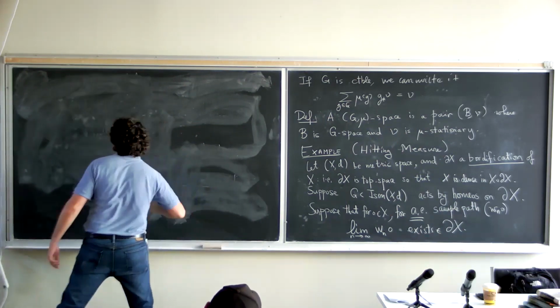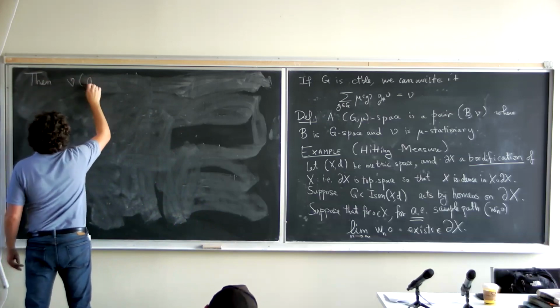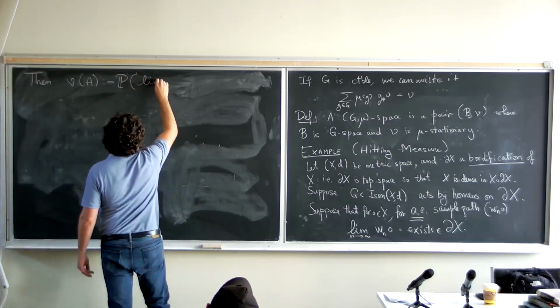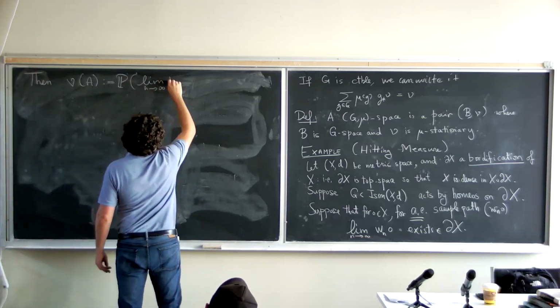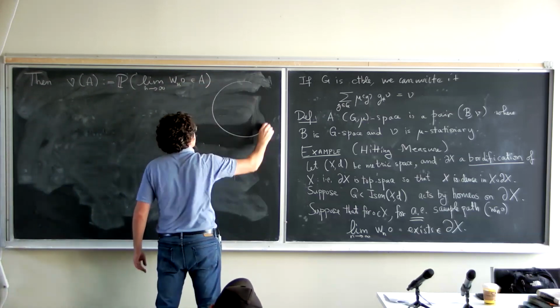So then we can look at nu of A, as I said, the probability that the limit of W_n O is in A. So again, this is the situation.